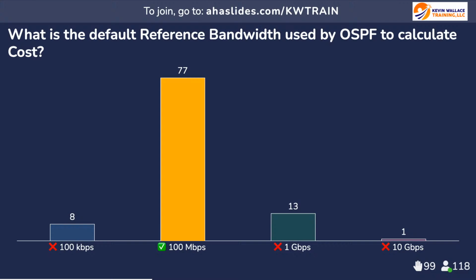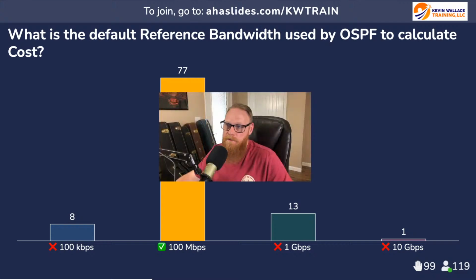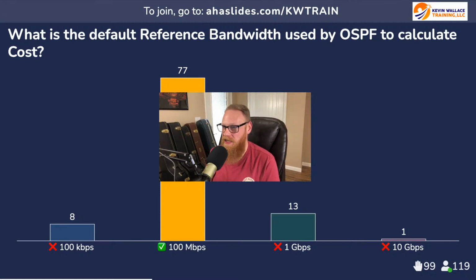OSPF calculates the cost of an interface by dividing the interface speed by OSPF's reference bandwidth. That's how the cost is calculated. So the default reference bandwidth used by OSPF is 100 megabits per second, as we see here.